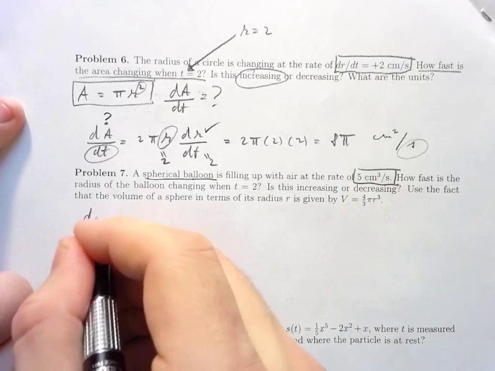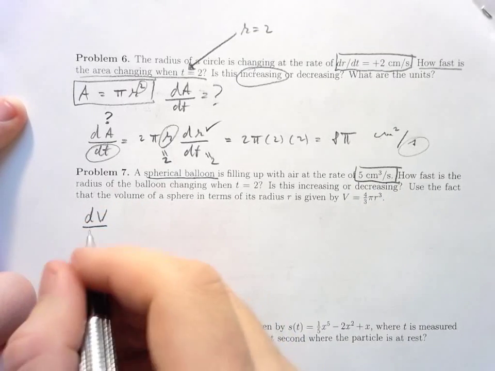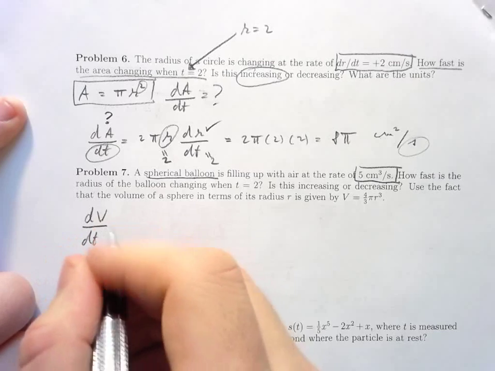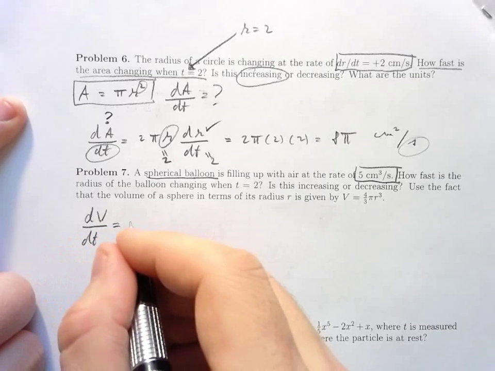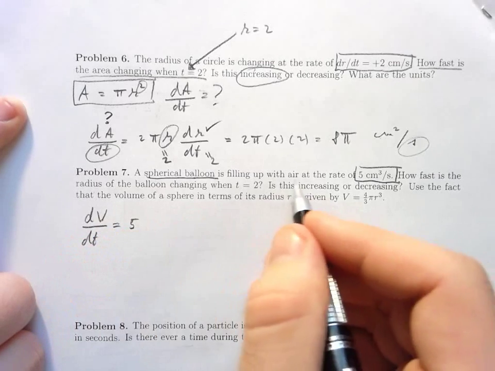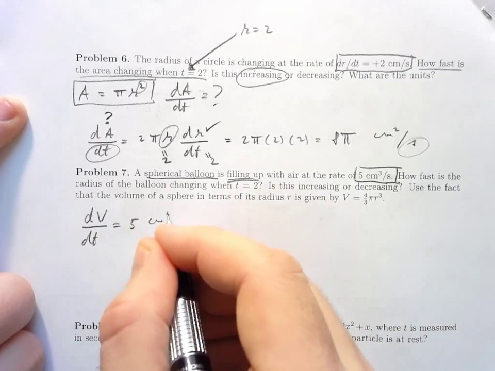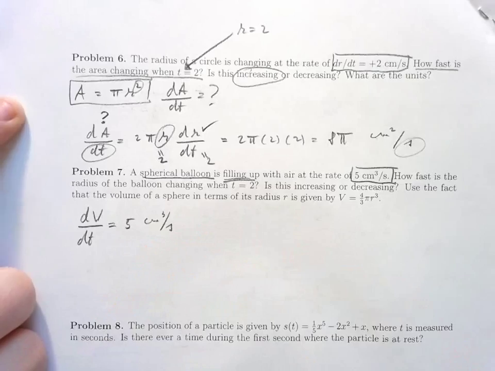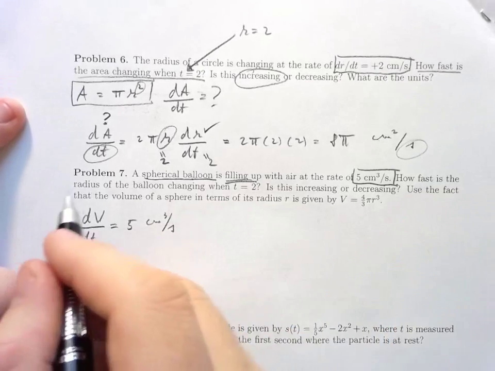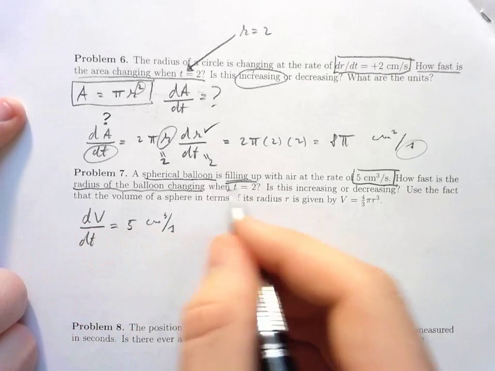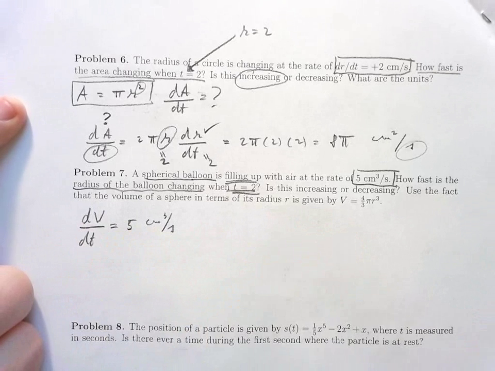So automatically I get the equation dV/dt, where V is the volume, should be 5, positive because it's filling up, right? So increasing, centimeters cubed per second. And we're asked, okay, how fast is the radius of the balloon changing when t is 2?